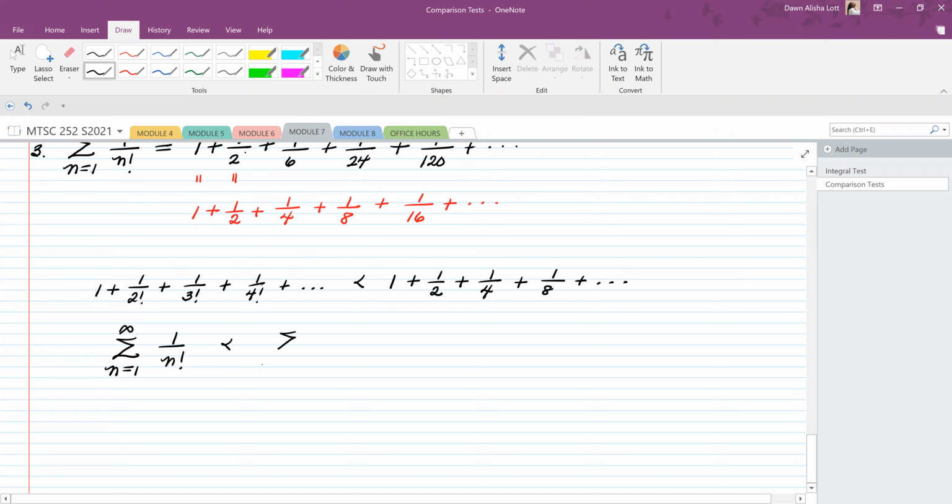And that's less than the sum n equals 1 to infinity of 1/2 to the n minus 1. Now, what do you know about the series n equals 1 to infinity of 1/2 to the n minus 1? What do I know about that series?